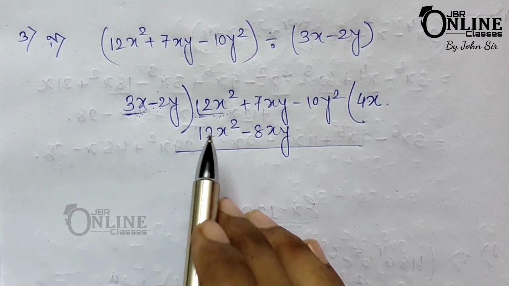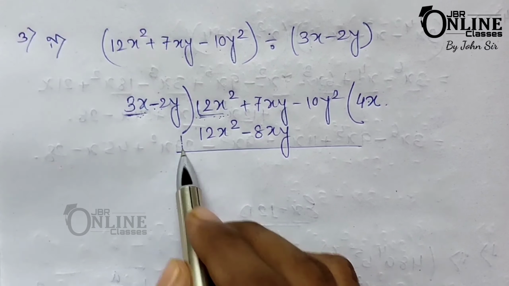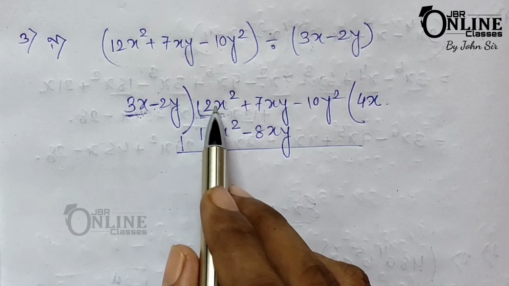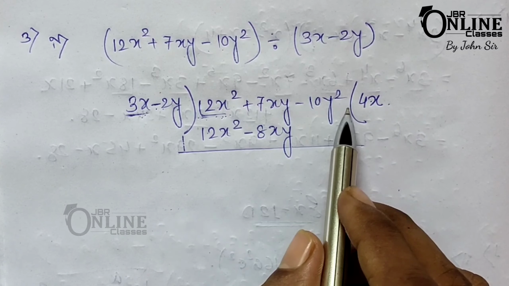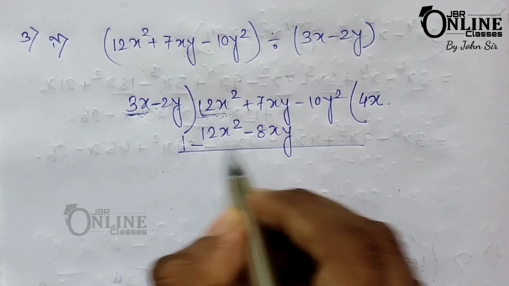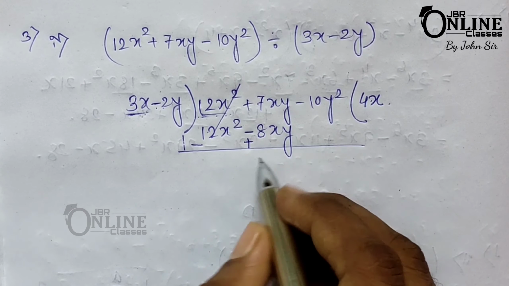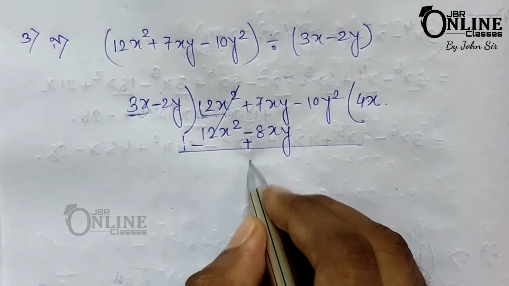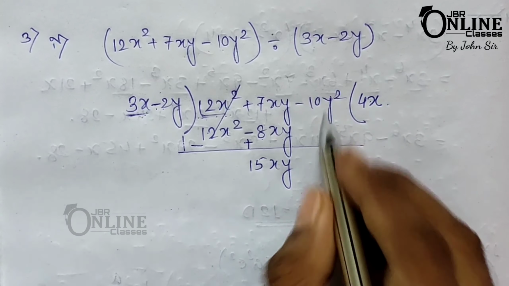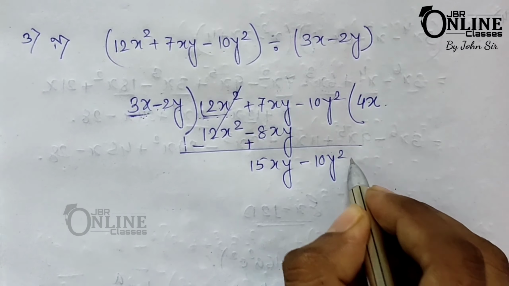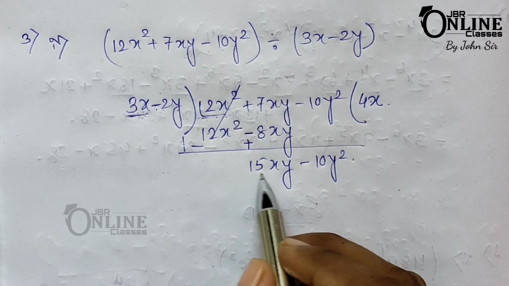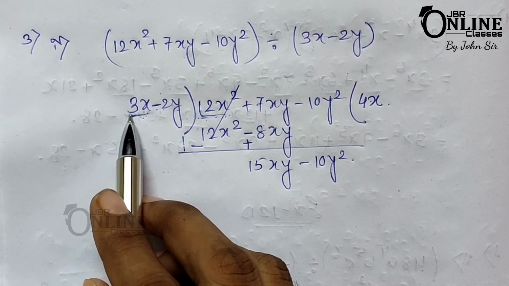In each and every case you have to just remember that you equalize the first term only, not the other terms. So here minus, here minus minus plus, as minus minus plus, so this will cancel out. Here 8 plus 7, that equals 15xy and minus 10y square. Now next thing, you have to equalize this one with 3x.